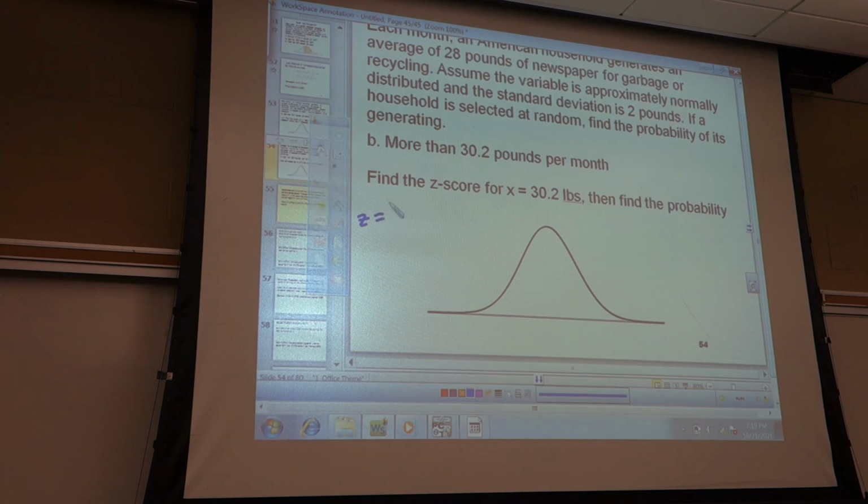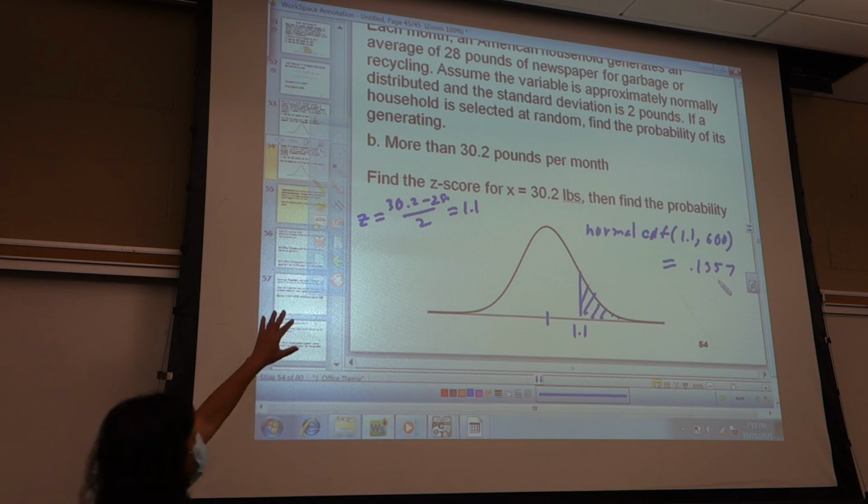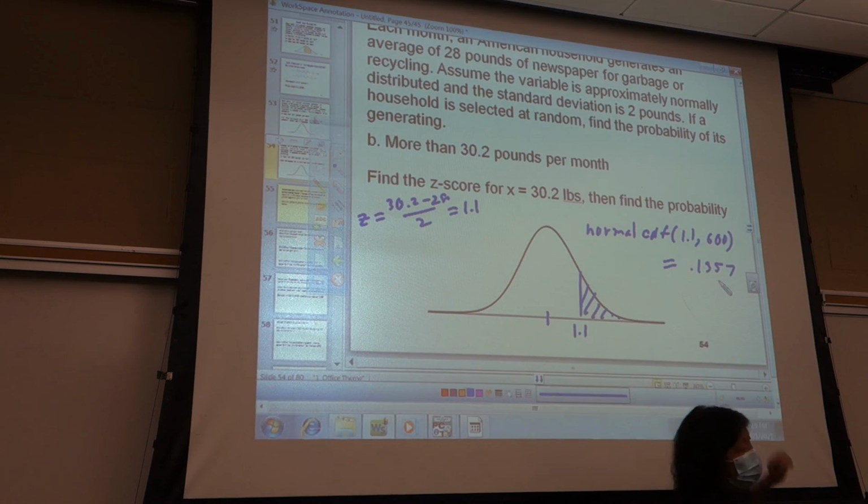So the z-score is equal to... Good. So again, remember you need to have the picture. Show your z-score, have the picture, shade, normal CDF.